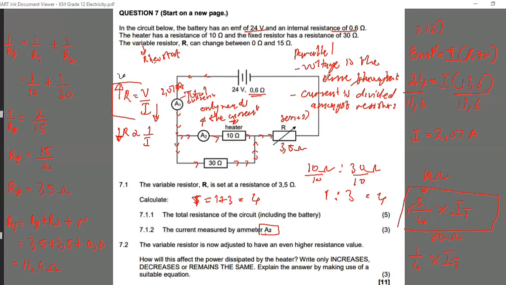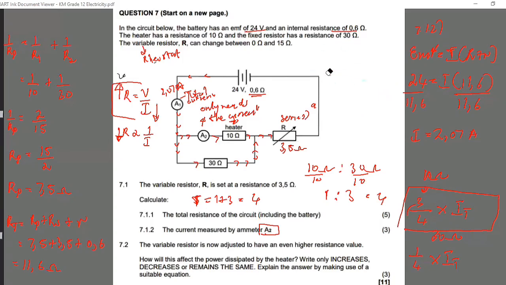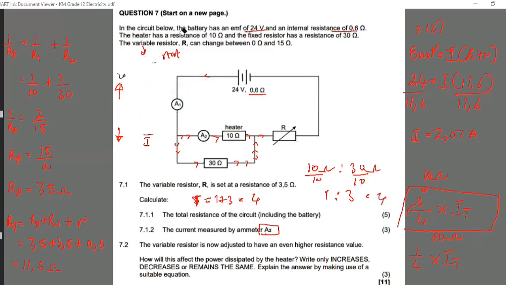Let's calculate here. Okay. So for the 10 ohm, to calculate the current in the 10 ohm, or rather to calculate A2, we need to say 3/4 times the total current, which is 3/4 times 2.07, because remember, we actually found the total current here to be 2.07 amperes.